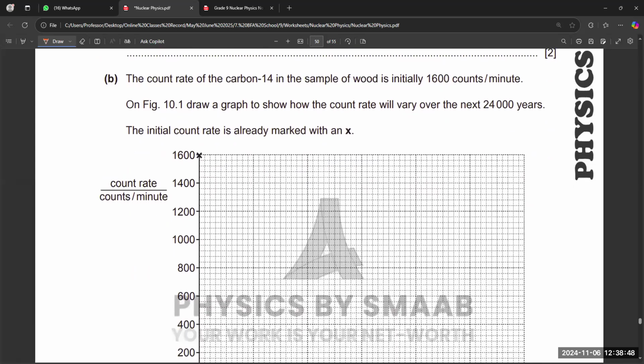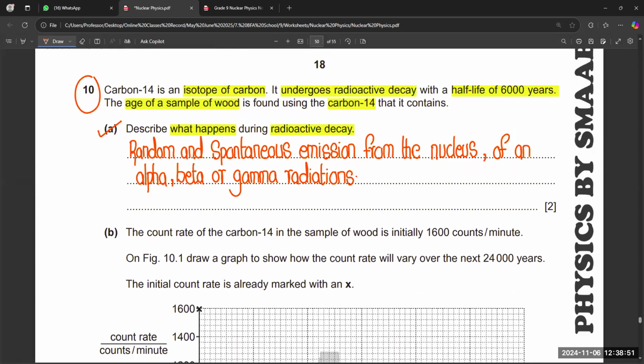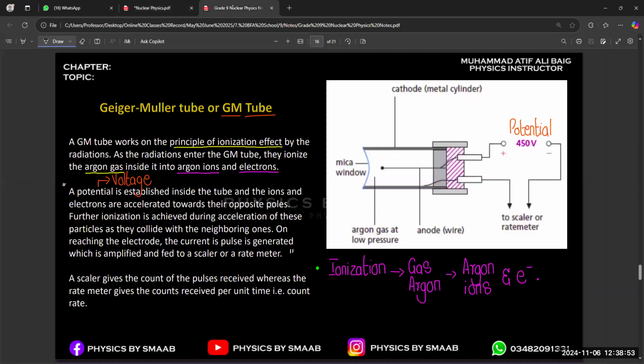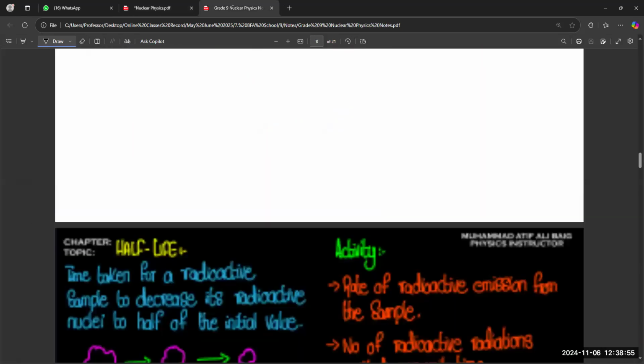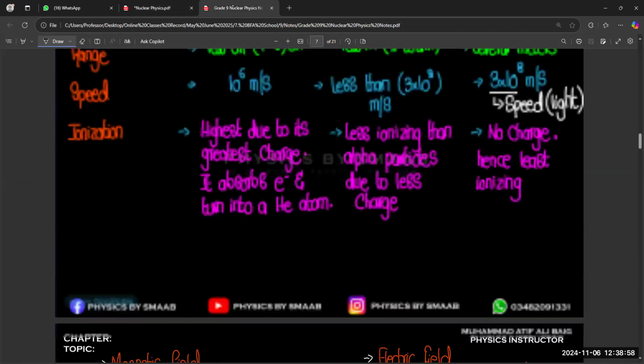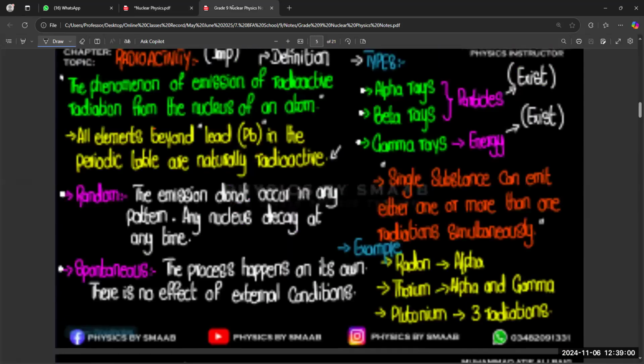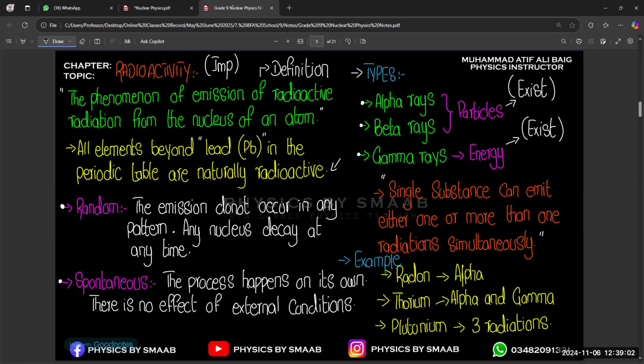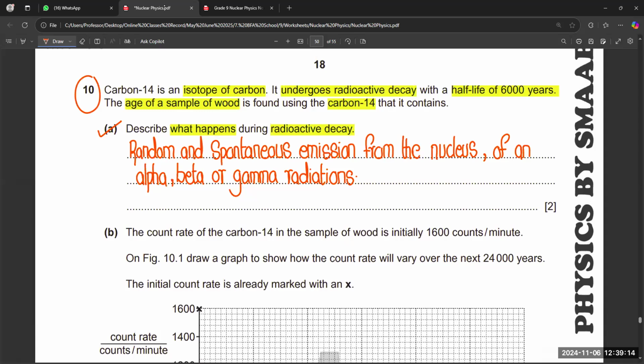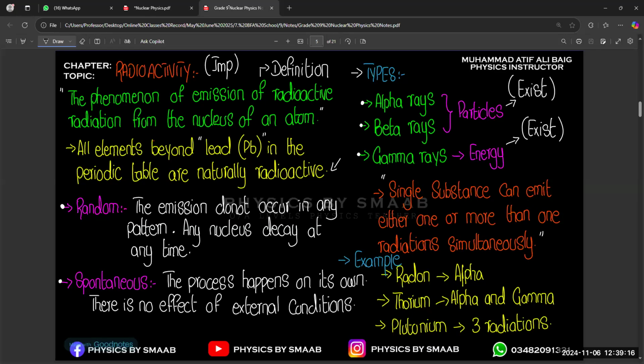Okay, Sir, can you explain it? Basically, it is the general radioactivity. It is not compulsory that you write this definition. You can write the definition that we discussed at the start of the chapter: the phenomenon of emission of radioactive radiations from the nucleus of an atom. You can also write this definition of radioactivity, because they are asking about the same thing. In this definition we mention radioactive radiations.